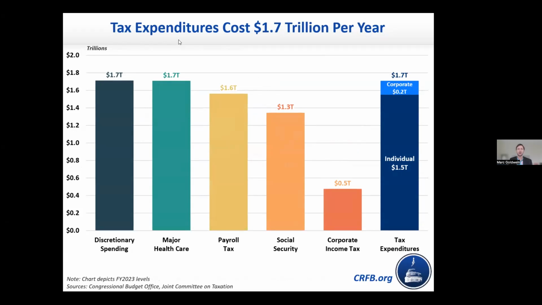Part of the reason it's not growing fast is that we spend an increasing share of our tax revenue each year effectively on tax breaks. Tax expenditures, we call them. But these tax breaks cost $1.7 trillion last year, which is as much as we spend on healthcare. In fact, a large share of them do go to healthcare on the tax side.